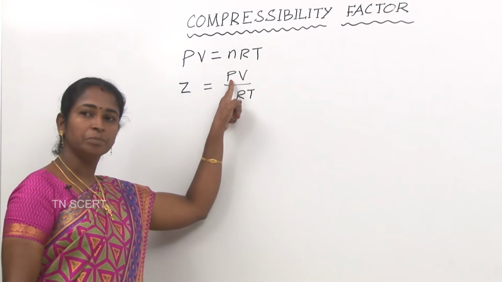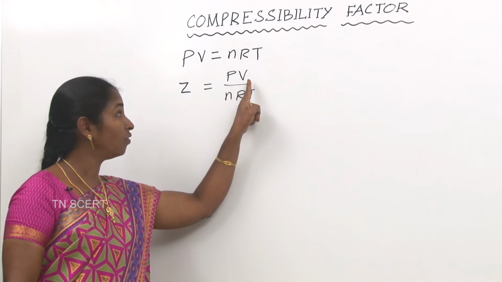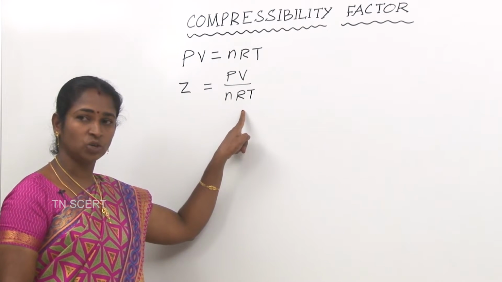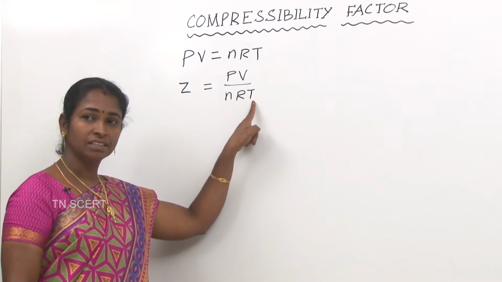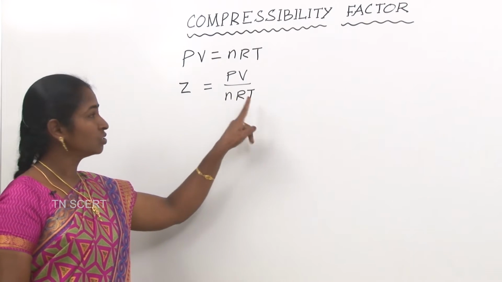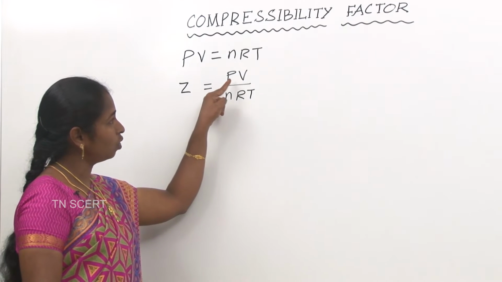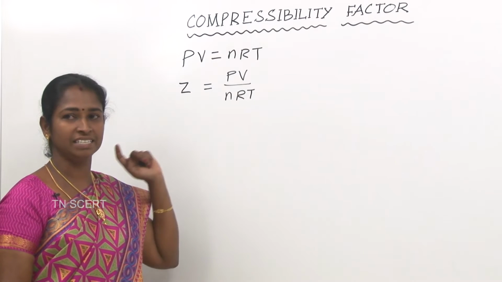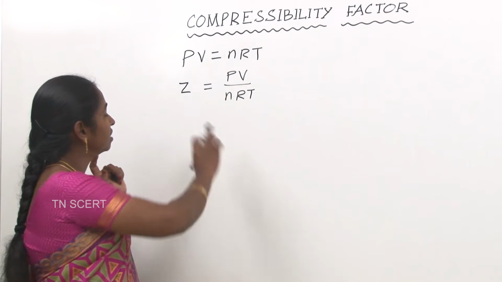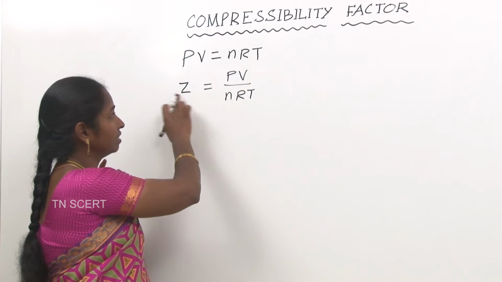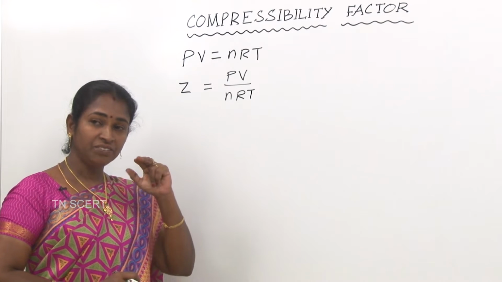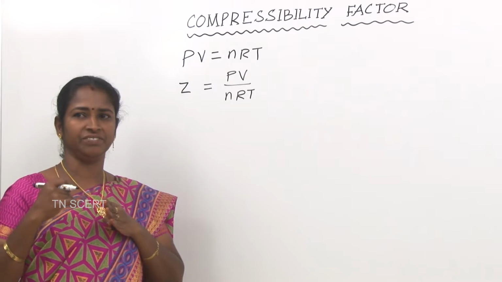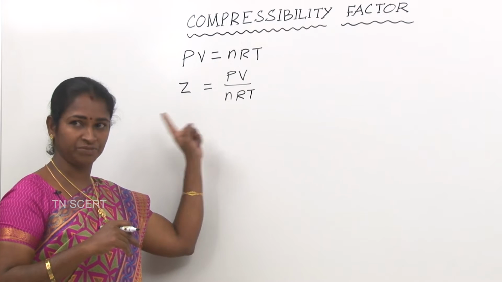Here P is pressure of the gas, V volume of the gas, n number of moles, R is gas constant and T is the temperature of the gas. So, we can say the ratio of PV and nRT is the compressibility factor Z. To what extent it deviates is measured by this Z factor.